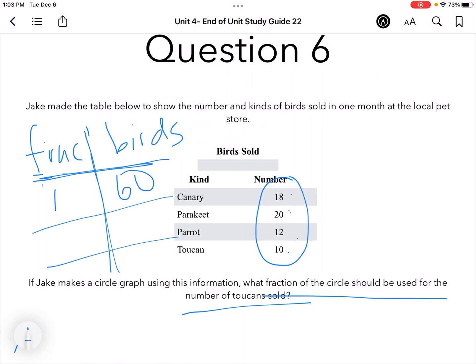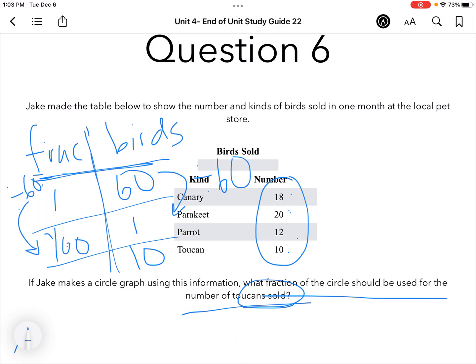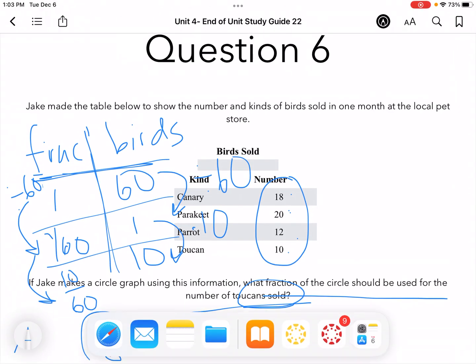So the toucans are 10. So I'm going to divide by 60. So I get 1/60th. And then I'm going to multiply by 10. So I get 10 over 60, or 1/6 of the circle.